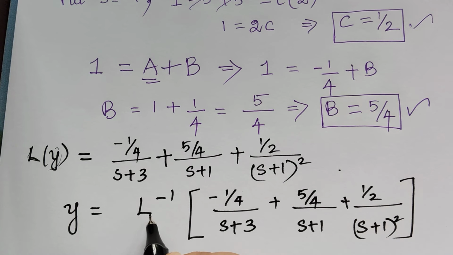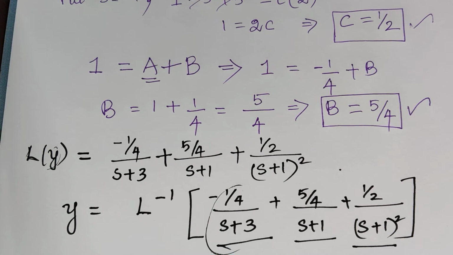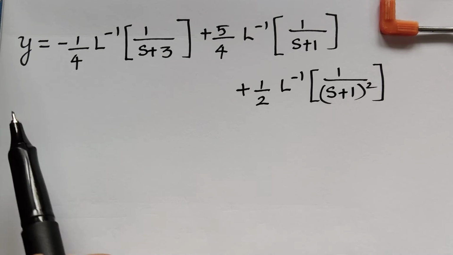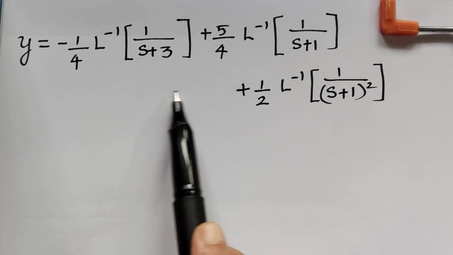Now we have to take the Laplace inverse of each of the terms separately, first term, second term, and third term. So let us separate them, because it accepts the linearity property. So after taking Laplace inverse transform of each of the terms, we get this.